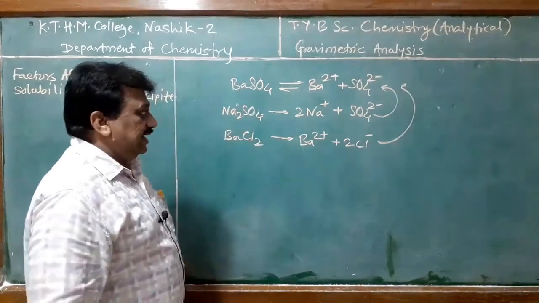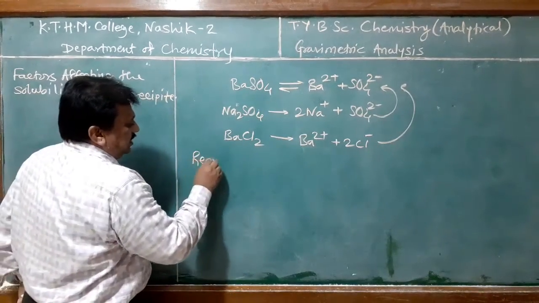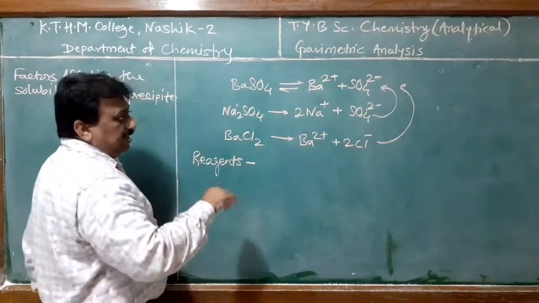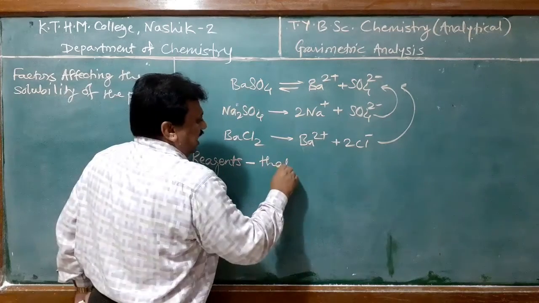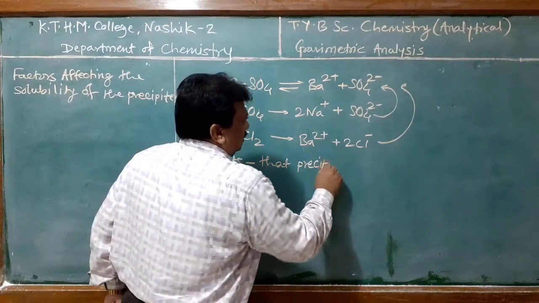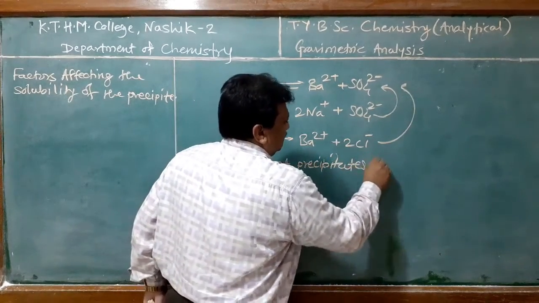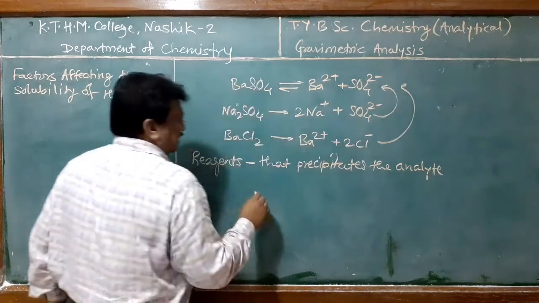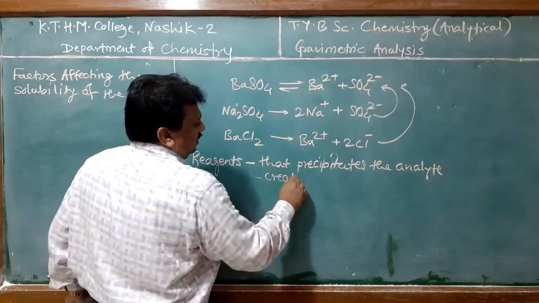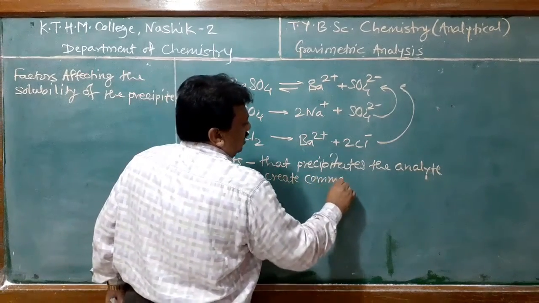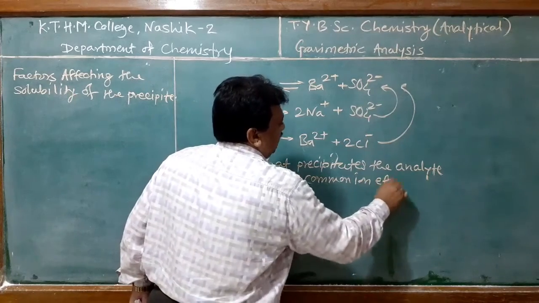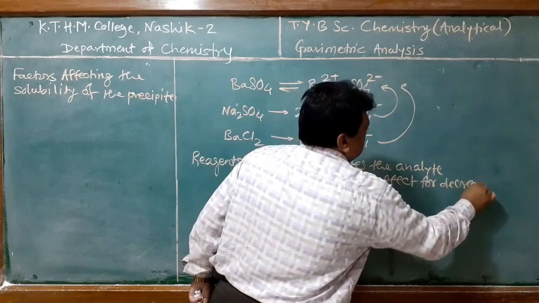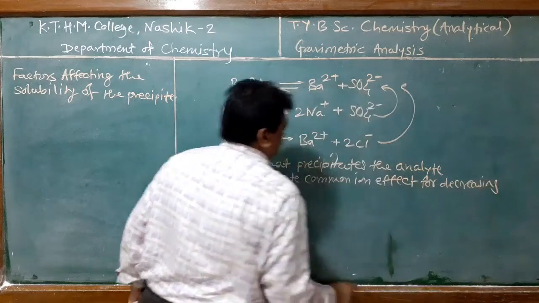Therefore, in gravimetric analysis, we can select a reagent that has a dual function: it precipitates the analyte as well as creates a common ion effect for decreasing the solubility of the precipitate.